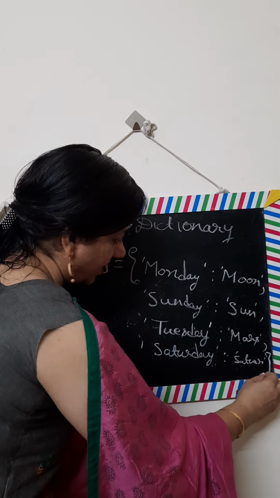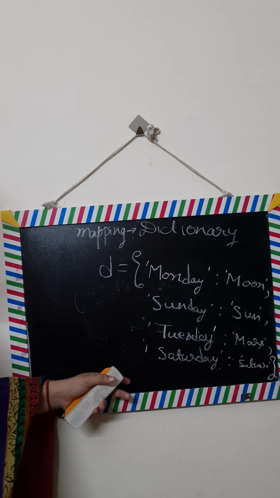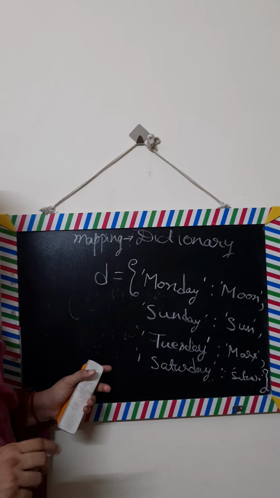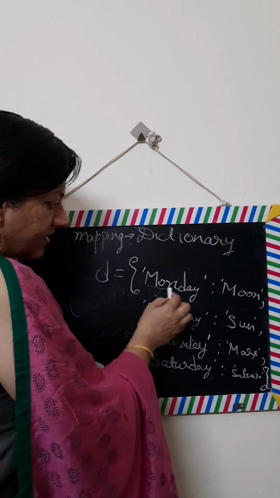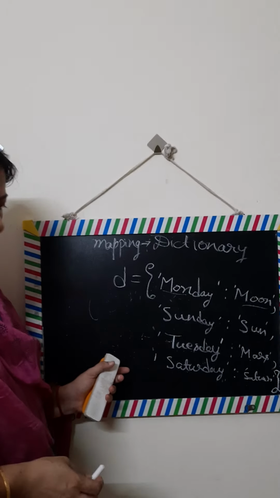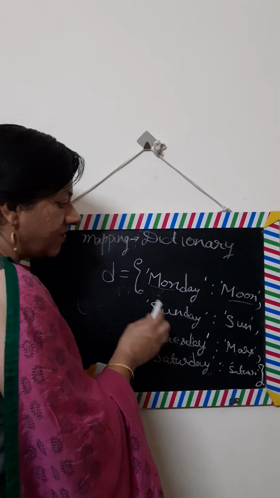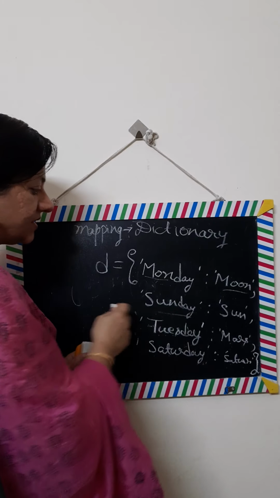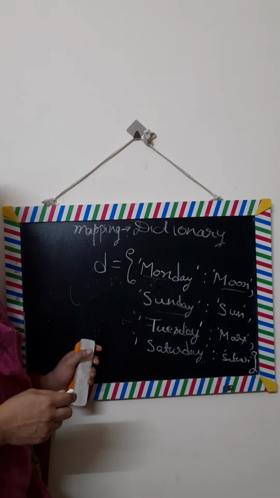Now I don't have any more values, and I complete it with the flower braces. Every key here has a value associated with it. If I want sun as a value, then I access the key called Sunday.